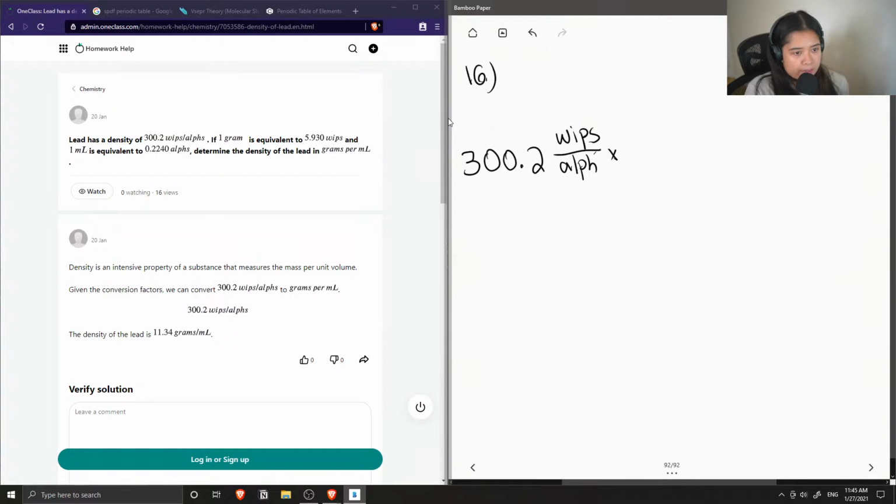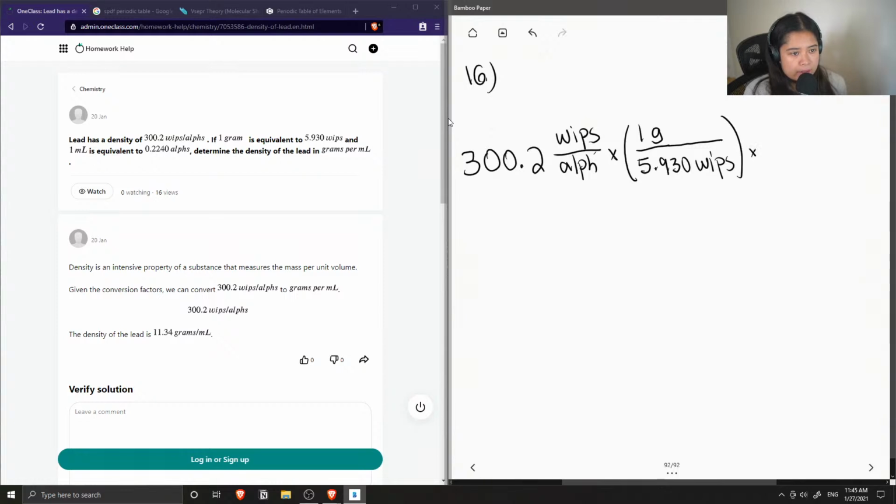So since whips is in the numerator, if we multiply by the conversion factor, we now want it to be in the denominator so that it will cancel out. So we multiply it by 1 gram over 5.93 whips. And this will cancel out that unit.